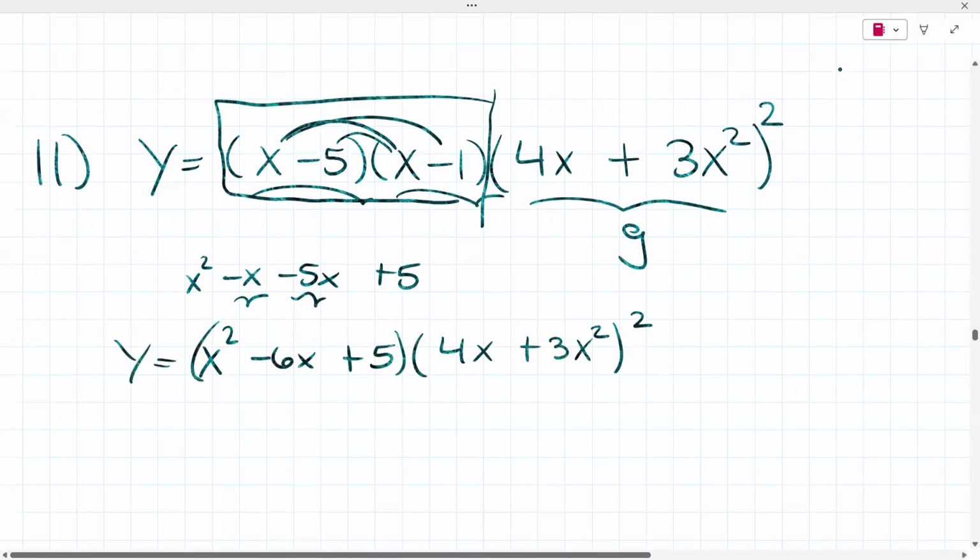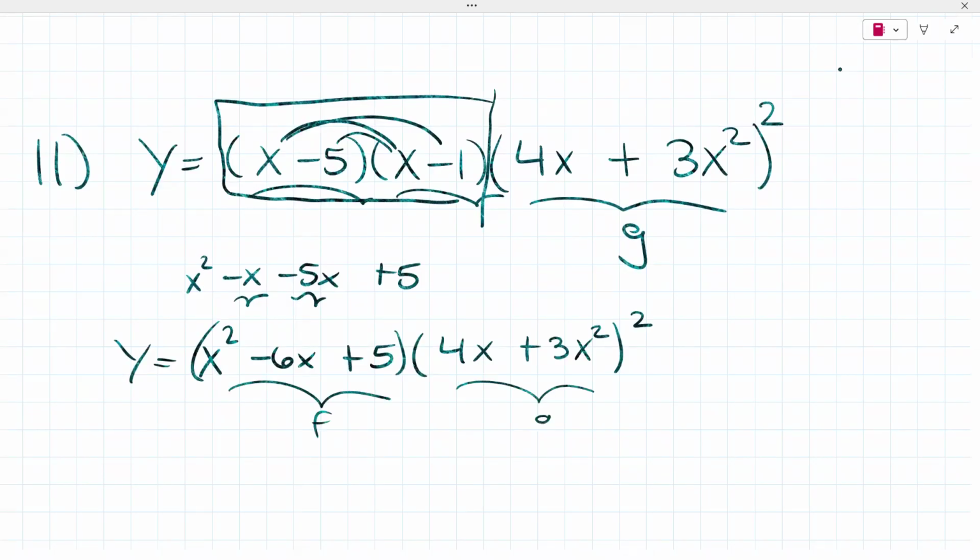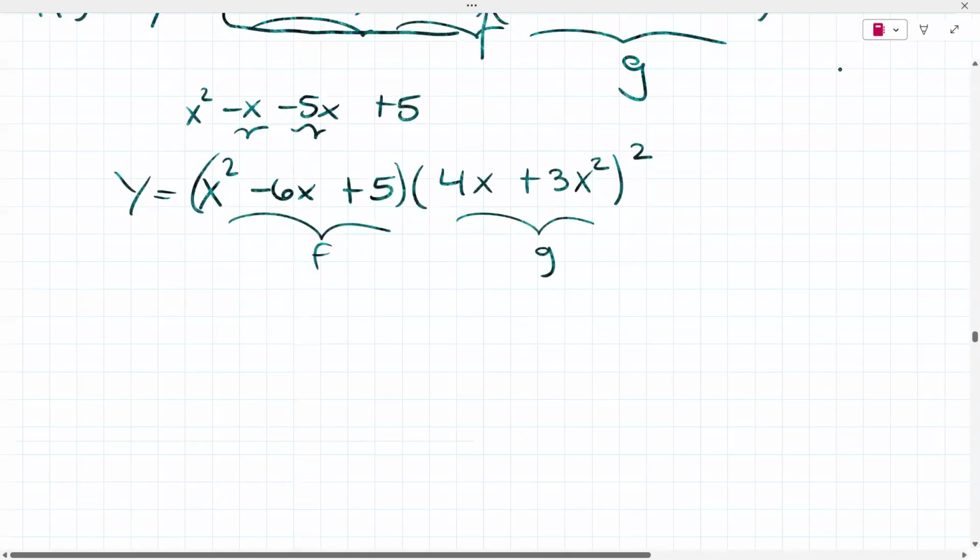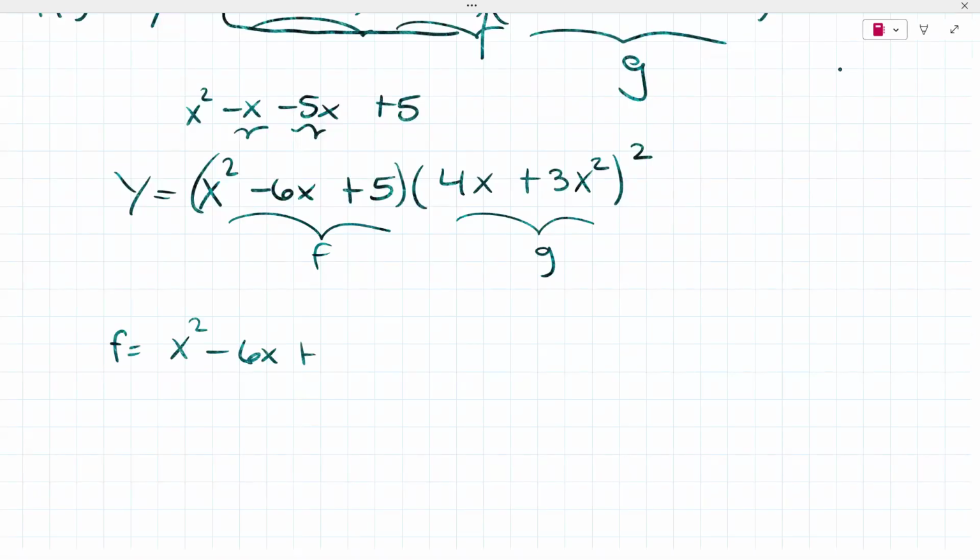And then you may use the product rule. So your F is this, G is this. F is x squared minus 6x plus 5.